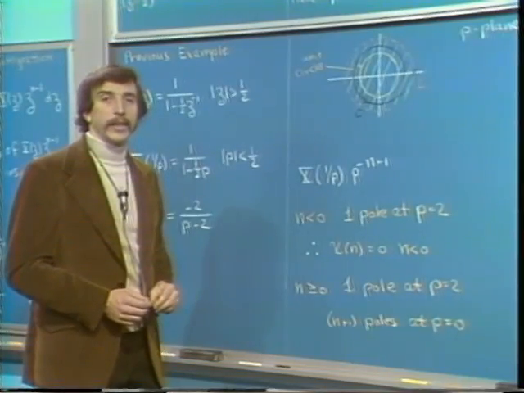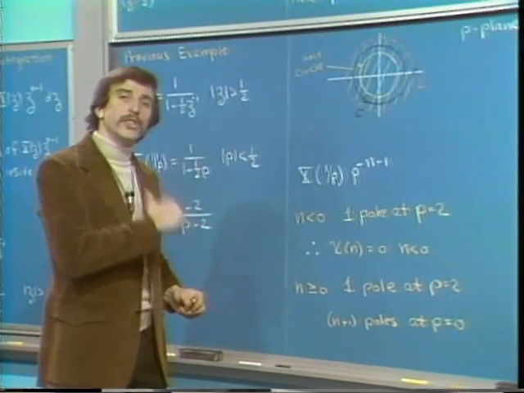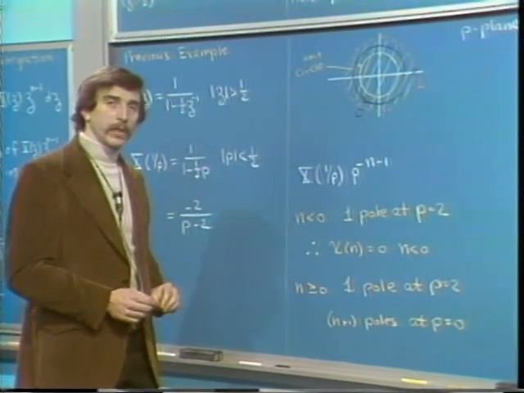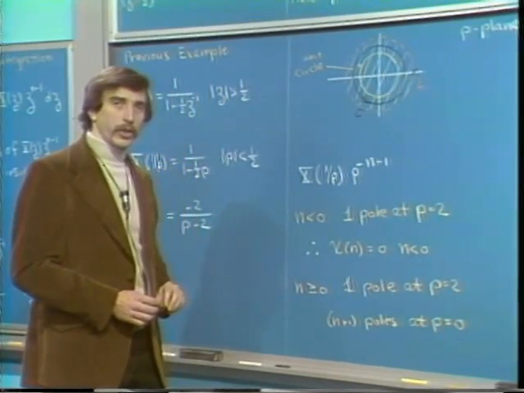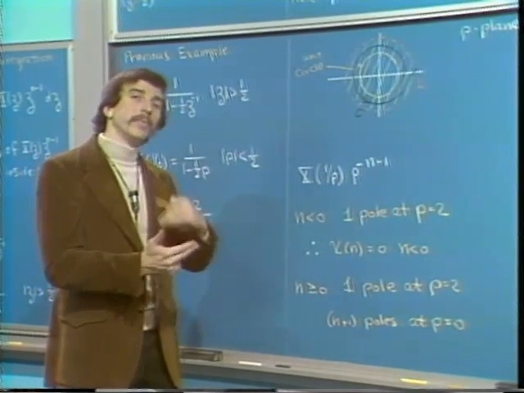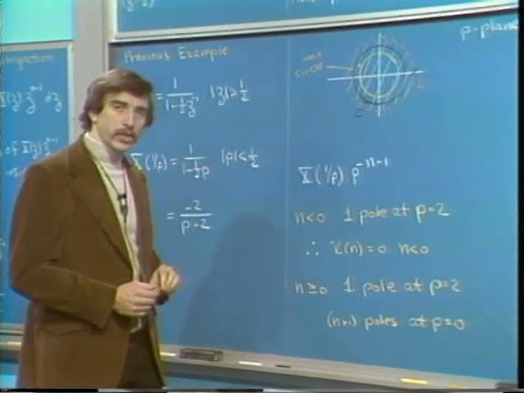What do we do about that? Well, we don't have to do anything about it, because we already considered the case for n greater than or equal to 0. In that case, we didn't run into multiple order poles at the origin. We use this substitution of variables z equals 1 over p to basically avoid that problem and to get the answer for n less than 0.